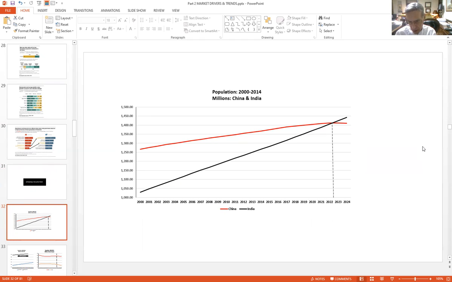Unfortunately, I've gotten off on a tangent here because that's not what this graph is about. It's about population. And we'll get to the size of the Chinese economy later. Please pardon me for that.